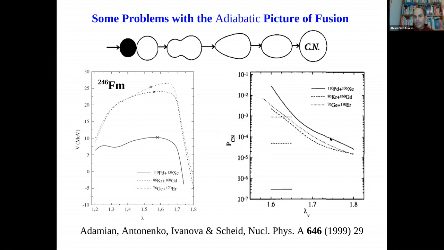You can see that the calculated values are much larger and disagree with the experimentally extracted values, and also the isotopic dependence is different. So you can see that, for example, palladium plus xenon has a very small probability, and here in the calculation it is very large. And so this theoretical picture contradicts observations. And how can we repair this situation?